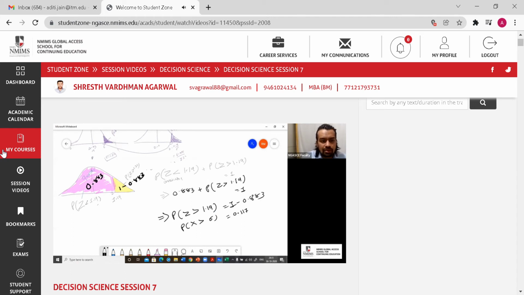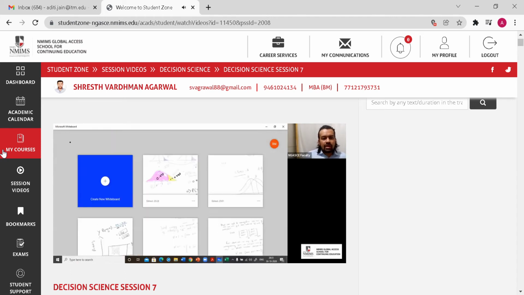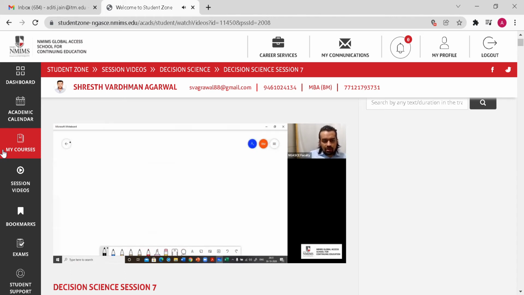Okay. Let me just discuss this also. The Z table which is given in your book is giving you the probability value of a curve starting from 0 and ending at that particular Z value.